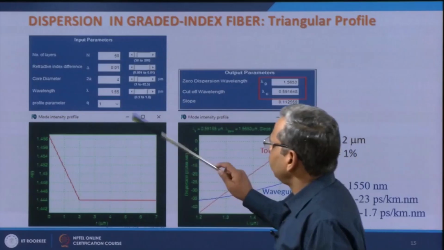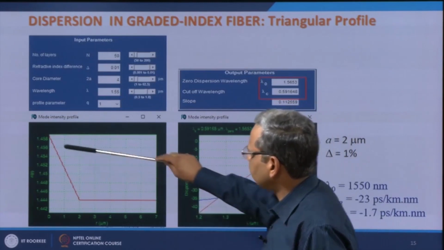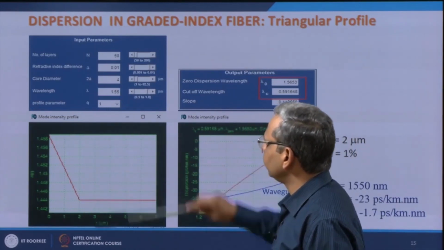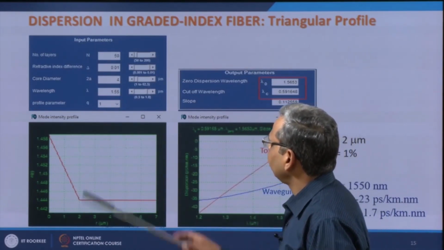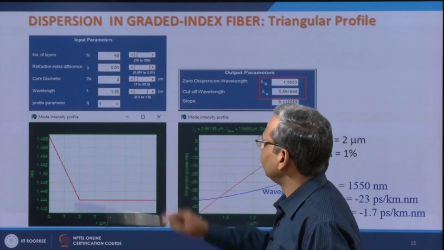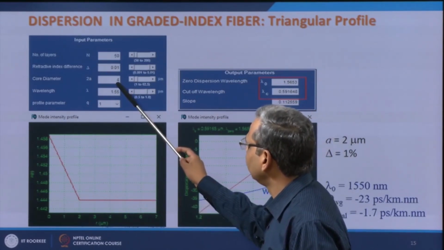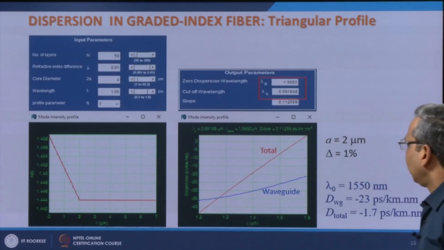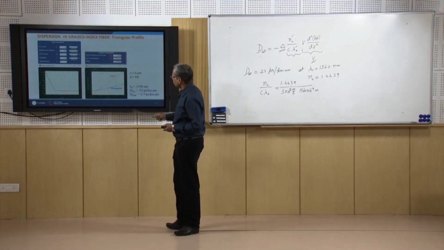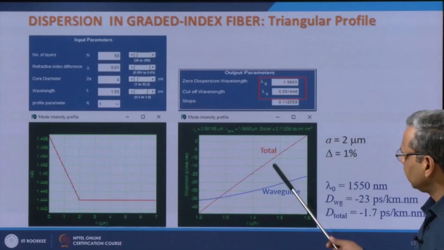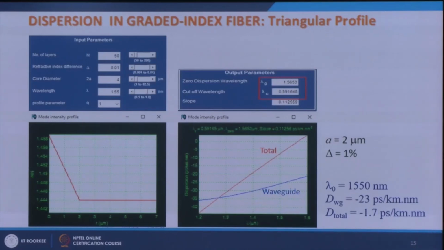So, here I have a power law profile. This is a triangular profile which corresponds to q equal to 1. I have taken delta equal to 1% and core diameter 4, and this is how the waveguide dispersion and total dispersion vary.